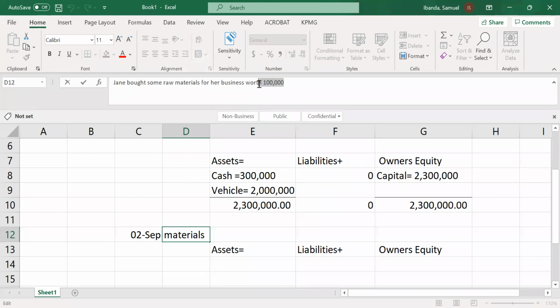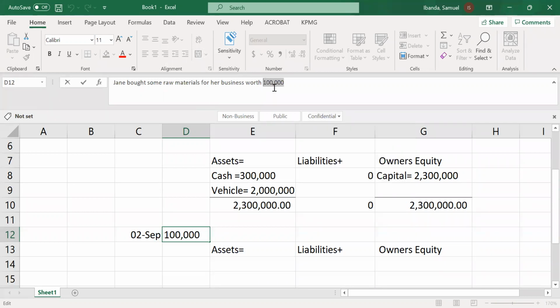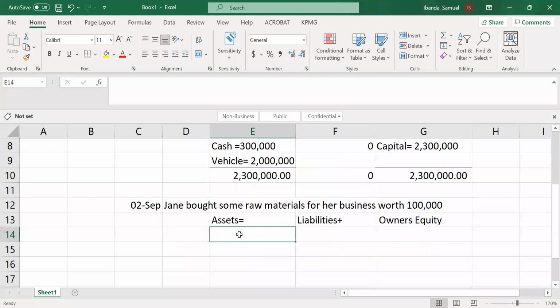Now, the 100,000 that we are using to buy this inventory is also being affected. The 100,000 is basically cash. Our cash is reducing by 100,000 as our inventory is increasing. So what that means is that we are going to have our cash. Now, instead of our cash being 300,000, it's going to be 200,000 because we've used 100,000.